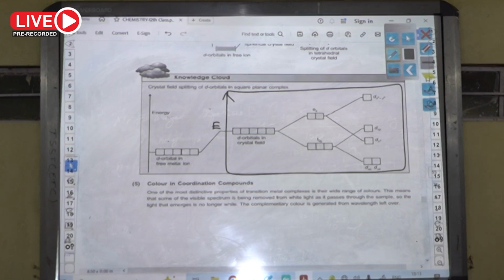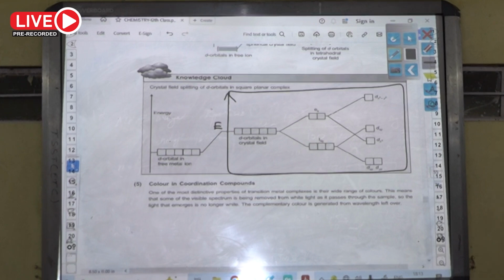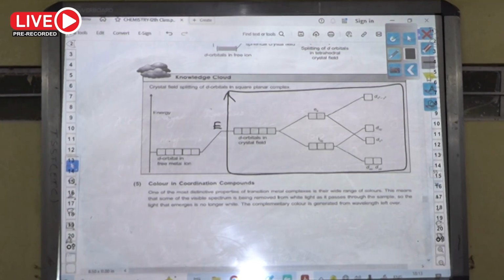In square planar complexes, the lobes of x and y are directly facing the approaching ligands.